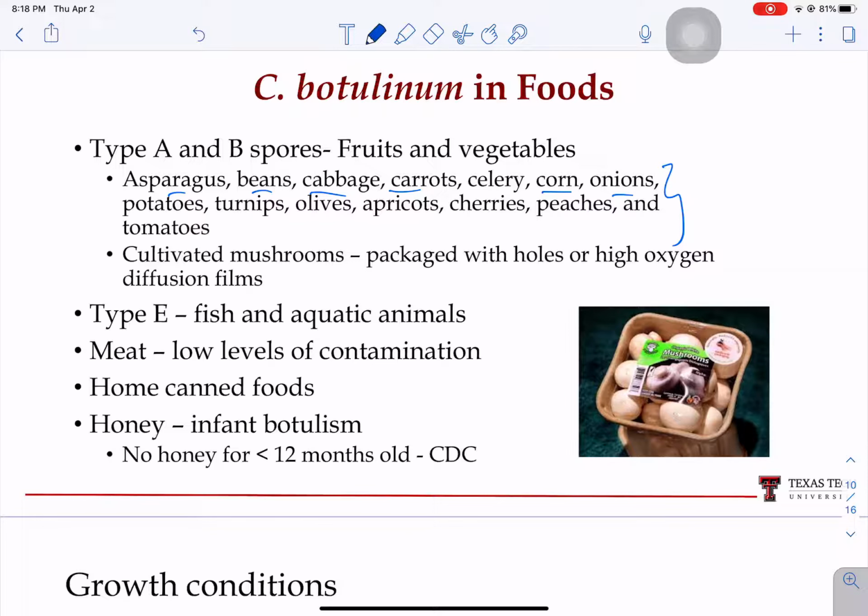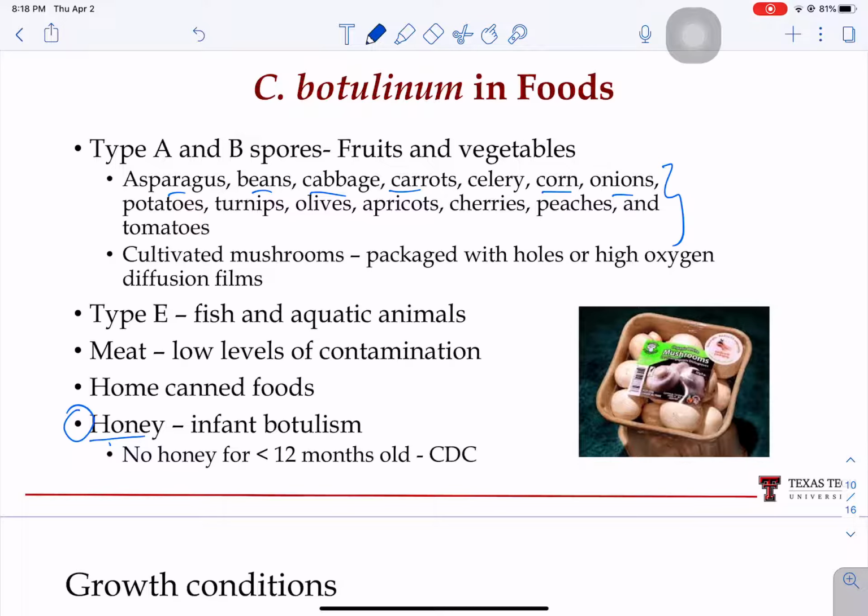There is another interesting fact here, which is the contamination of honey with Clostridium botulinum spores. Honey is a good carrier of this microorganism because of the high levels of sugar, so it's kind of perfect for the microorganism.